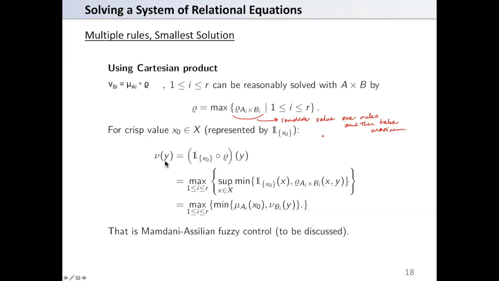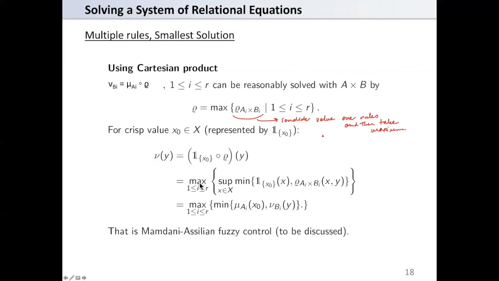In that case, the value of the output membership function at point y is equal to the composition of the crisp function with our relation rho, at the point y.